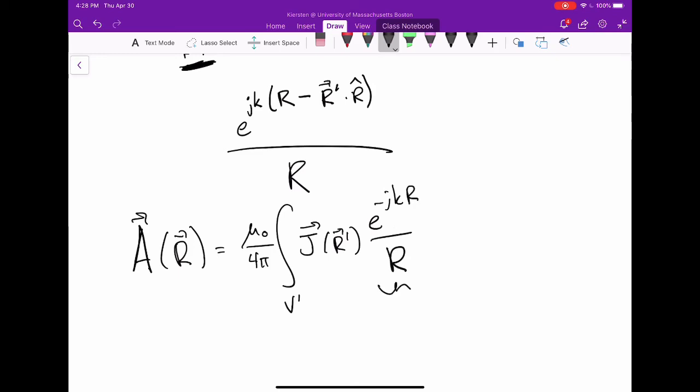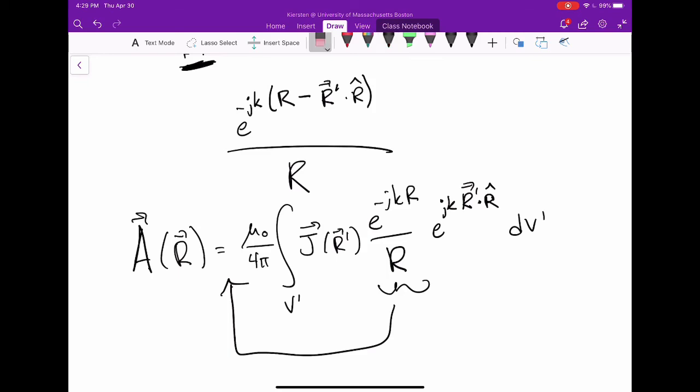Oh, hey, that's the spherical propagation factor, and it doesn't depend on r prime anymore, so we can move it over to the front, times e to the jk r prime dot r hat, and that's dv prime.